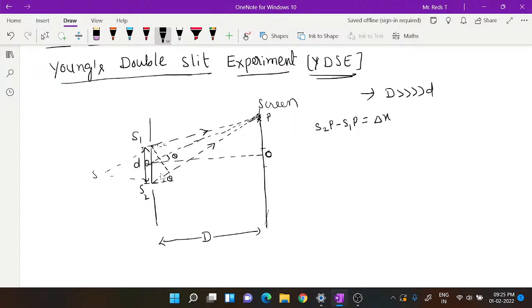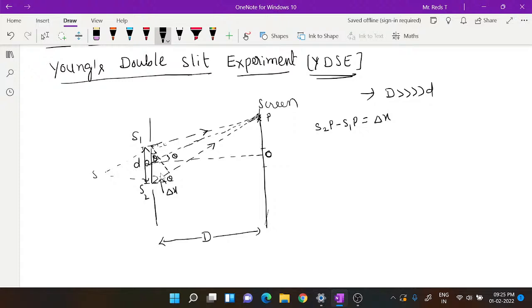By symmetry, this is 90, so this is also 90. This is theta, the angle between this line and the horizontal. Since this is vertical and this is horizontal, this angle will be 90 minus theta, and then this angle will be theta by symmetry.